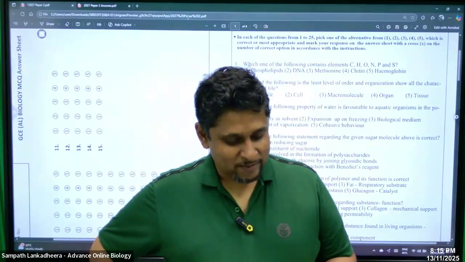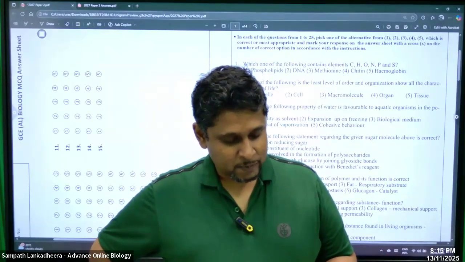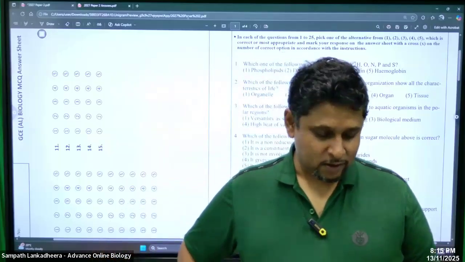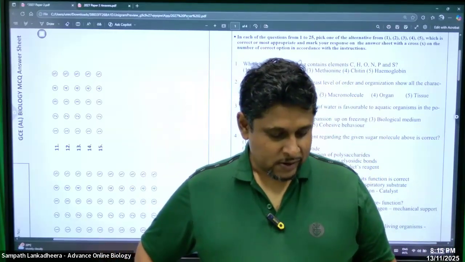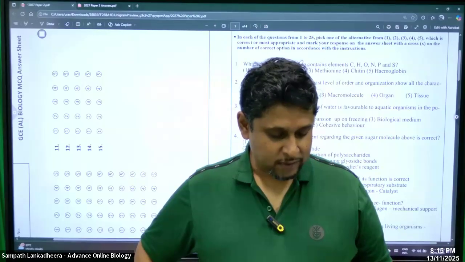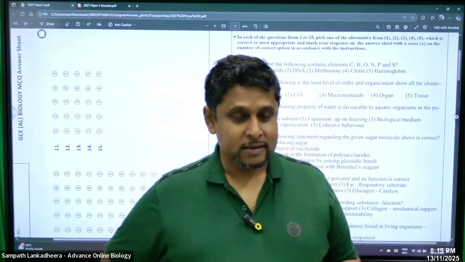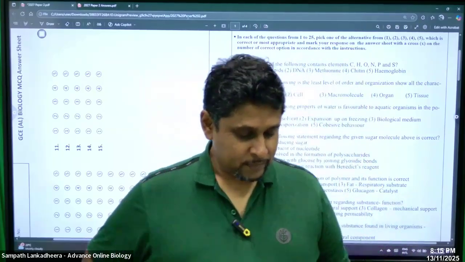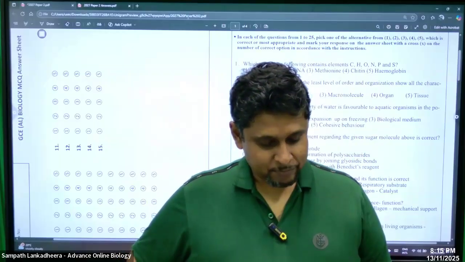Second option, people. DNA: carbon, hydrogen, oxygen, nitrogen, phosphorus, and sulfur. Again, sulfur not good. Methionine is carbon, hydrogen, oxygen, nitrogen, and sulfur, no phosphorus.